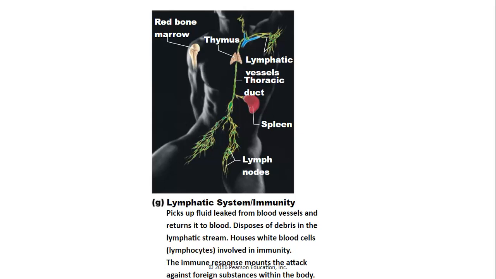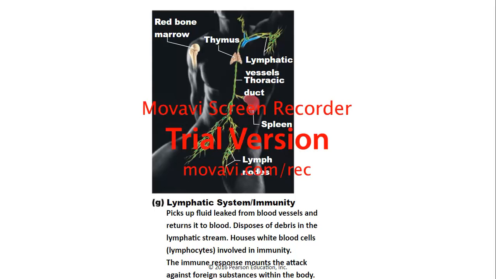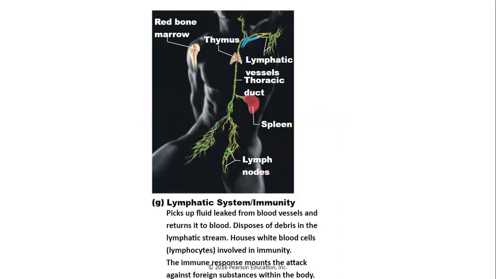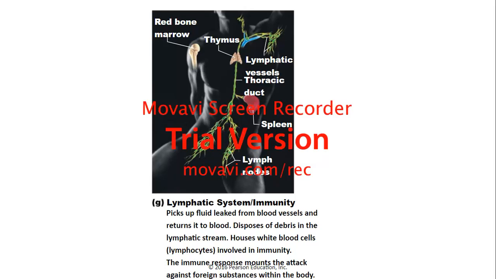And then you have lymphatic organs like the thymus and lymph nodes. That's very important for your immunity. It houses essentially white blood cells. They live there in lymph nodes, and lymph nodes play an important role when it comes to your immune response. But again, we don't talk about the lymphatic system until anatomy 2.